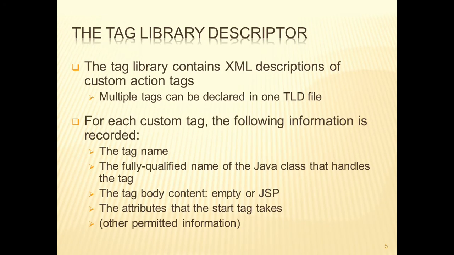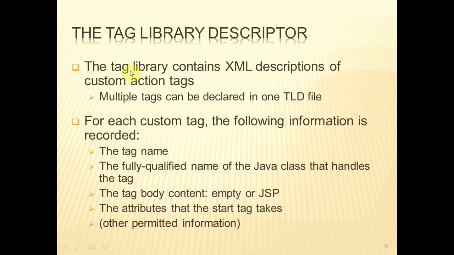So in the Java server page we can use the tag, but what happens when that tag is encountered? It works like this. The first thing that will occur is that the tag, which is listed or identified in the Java server page, will have a corresponding entry in the tag library descriptor. So that's what we're going to take a look at for a few moments.